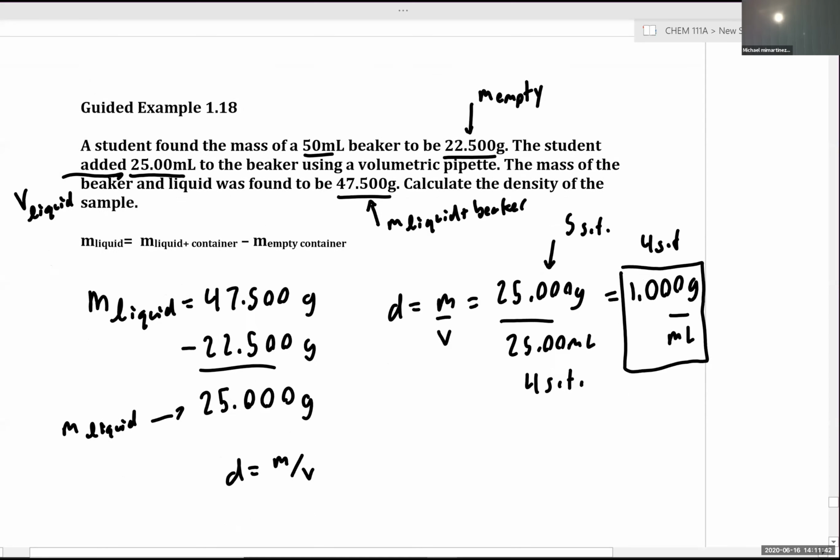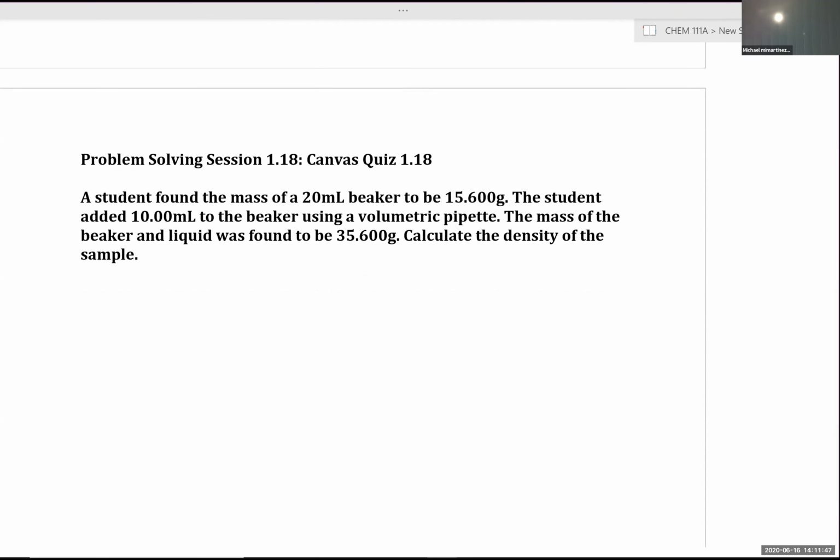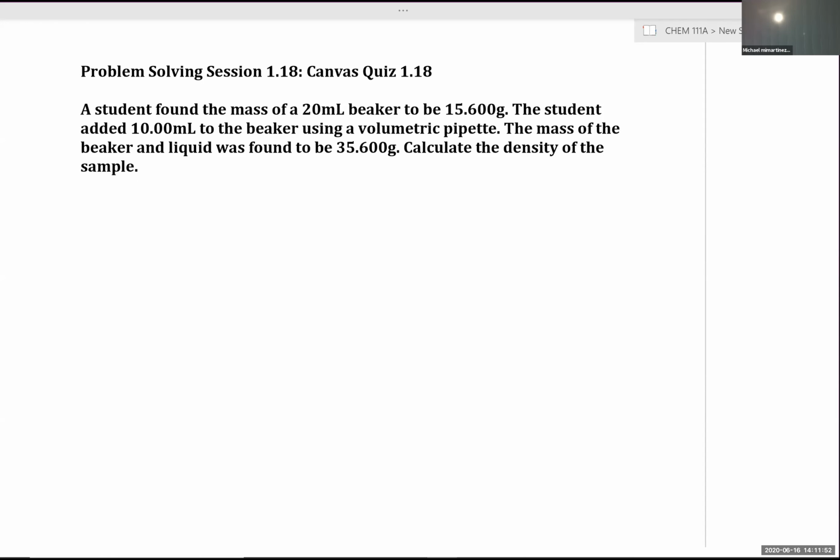Okay, so let's keep going now. Now that we've seen an example of these types of problems, I'd like you to open up Canvas Quiz 1.18 and let's try to work on the following density calculation problem. I'll give everyone about 4 to 5 minutes to work through this problem, and then we'll discuss. Don't be shy to propose your responses using the chat function or by submitting your responses using the Canvas quiz feature.